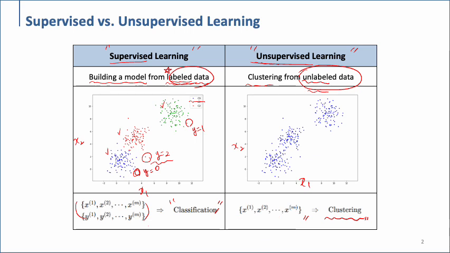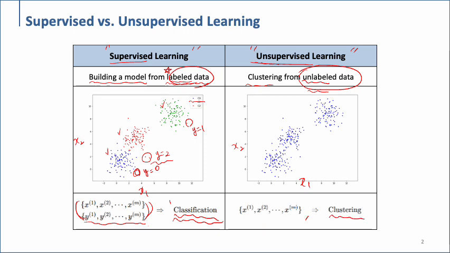Please don't be confused between classification and clustering. The basic idea of classification is you have some labeled data, and you classify the data. But in the case of clustering, you don't have labels.